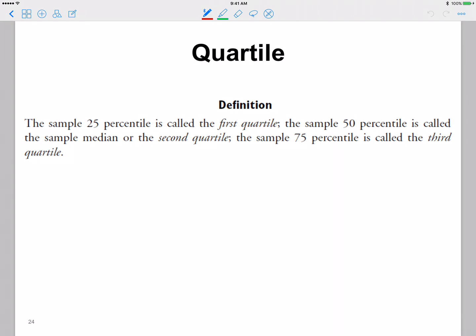And then among these percentiles, there are some particular examples that we frequently use. So that is called the quartile. Quartile means, quarter is like 1/4, right?